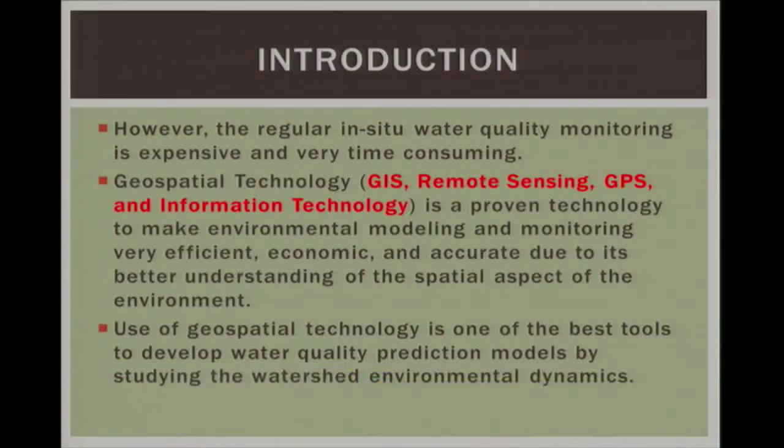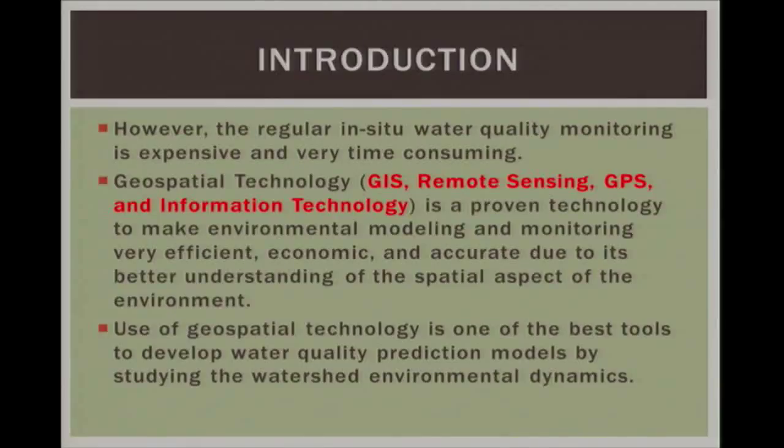However, regular in situ water quality monitoring is very expensive and very time consuming. If you go to a stream, take a sample out, then test it in the lab, it takes a longer time and is costly.